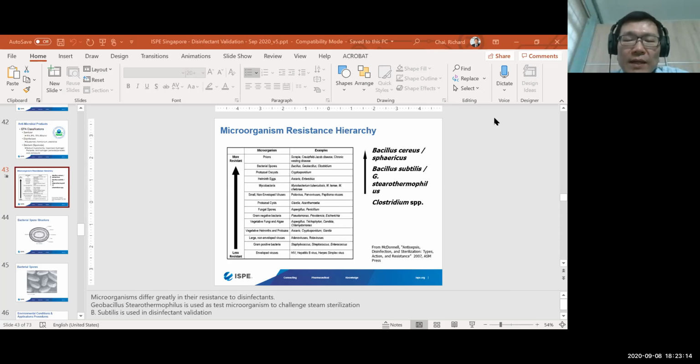Yes, for the coupon studies at 2 to 8 degrees, there is a way to simulate that. So definitely you will need a longer contact time. Depending on the temperature, most cold rooms are 2 to 8 degrees, so it shouldn't be a problem to simulate in the lab for this temperature.